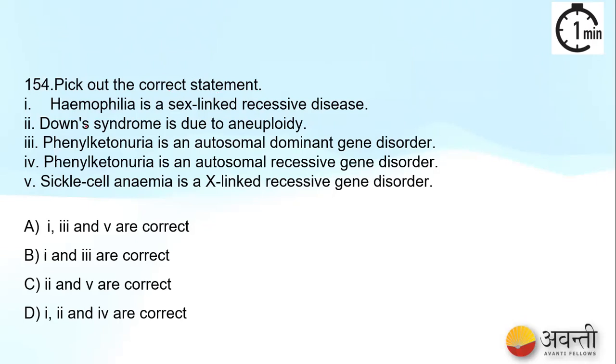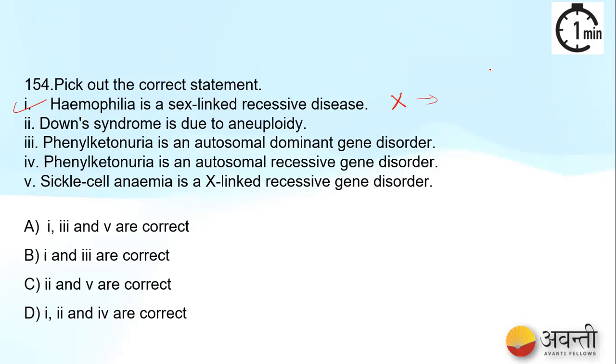So coming to the first option, hemophilia is a sex-linked recessive disease. This is absolutely right. So what is hemophilia? We know, students, that the hemophilic gene is present on the X chromosome. That is why it's called sex-linked, and it is of recessive nature.